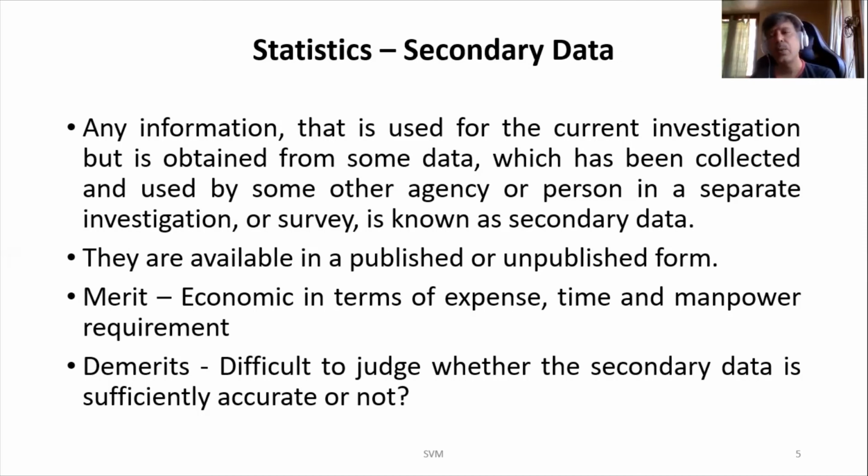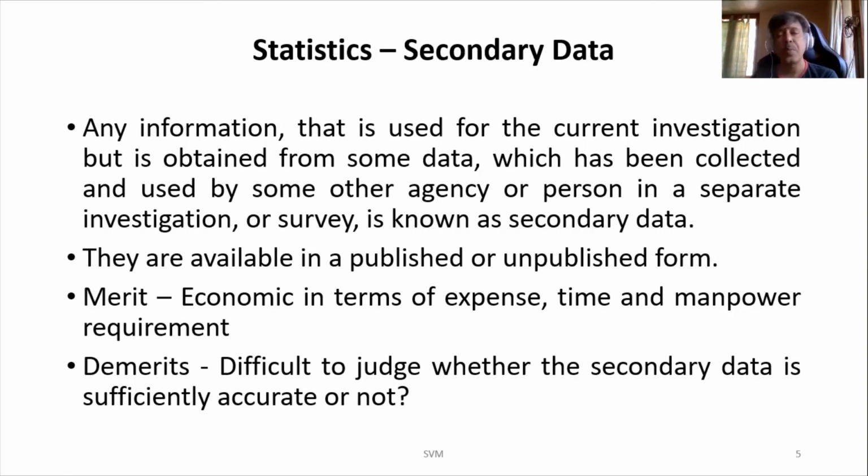Merit, of course, is that it is very quick. Time is very little. It is economical, and not much manpower is required because somebody has already done it and you are trying to use that. Demerits: it is very difficult to judge whether the secondary data, from wherever you took it, is reliable or not. So one has to be very careful about choosing the particular source from where you are getting the information.